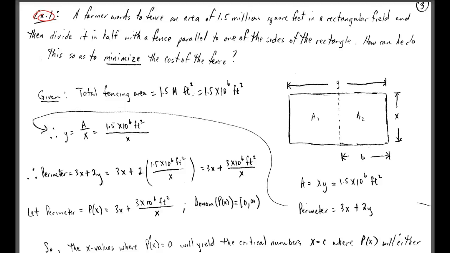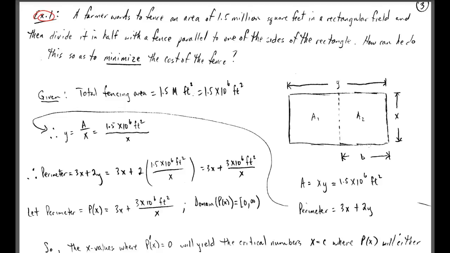All right, so for this next question, this is a classical area problem where we're trying to figure out how to either maximize area or minimize cost. And in this case, we're talking about minimizing the cost of trying to fence some area around. And so here we have a farmer that wants to fence an area of 1.5 million square feet in a rectangular field, and then divide it in half with a fence parallel to one of the sides.